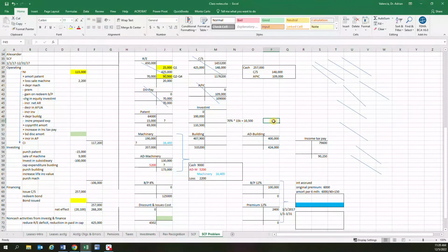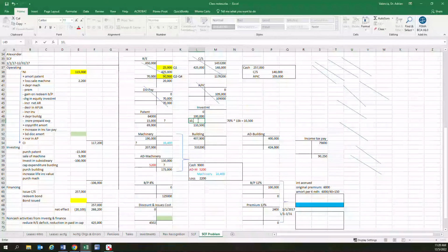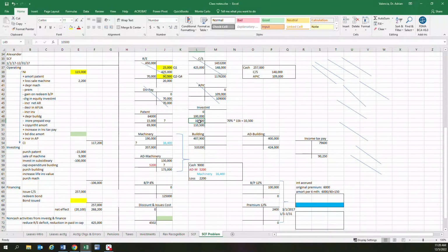But do keep in mind that this is going to be a debit to the investment, and it's going to be a credit to income. But that credit to income does not have a cash flow implication. In other words, this net income of $115,000 is reflecting that addition of $10,500 for which cash was not involved.